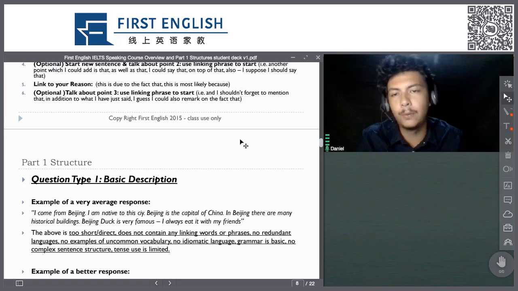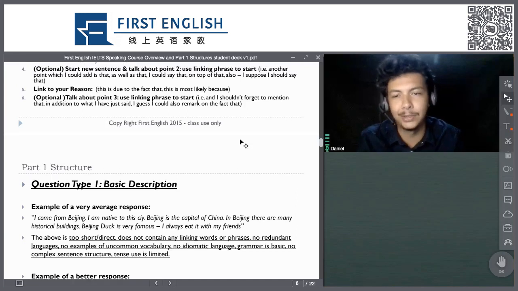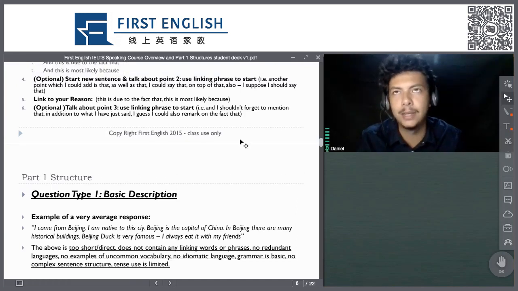But remember, when getting asked any of these types of questions, essentially, the examiner is looking at your ability to answer these questions in a complex manner, and in this case, your ability to describe something. Describe your city, describe whatever is being asked of you. So the problem with an answer like this, although being grammatically correct and perfectly understandable, is that it is too short, it's very direct, doesn't contain any linking words or linking phrases.